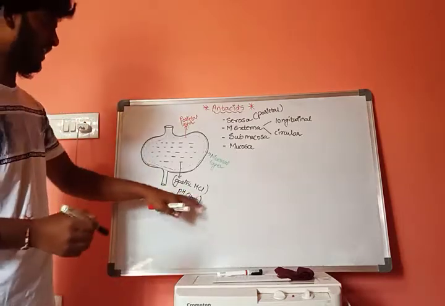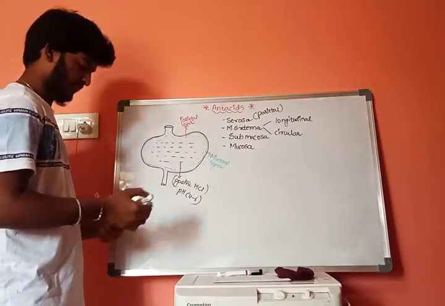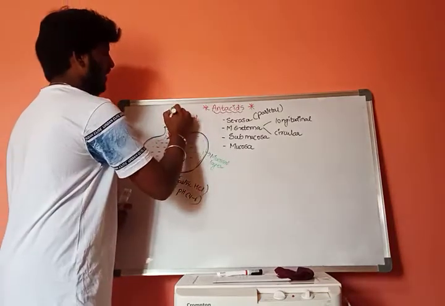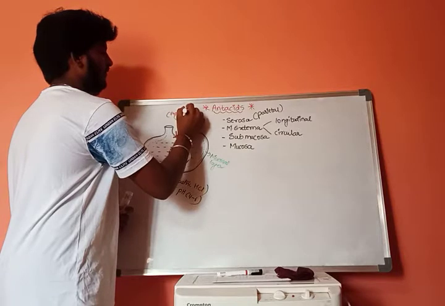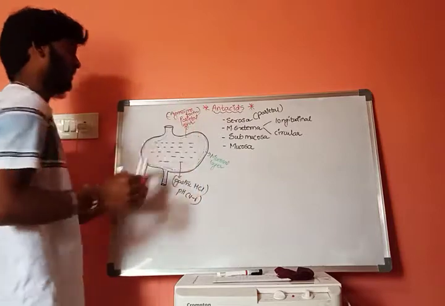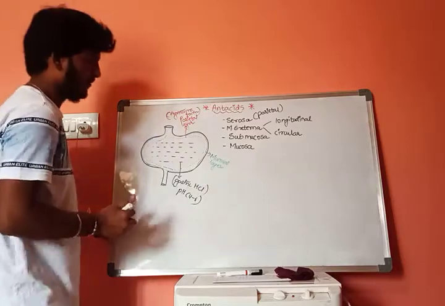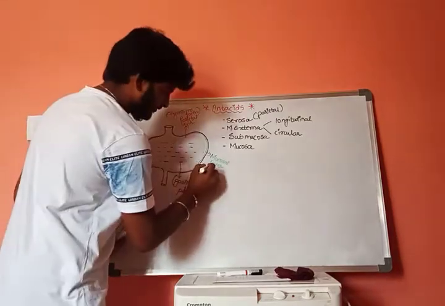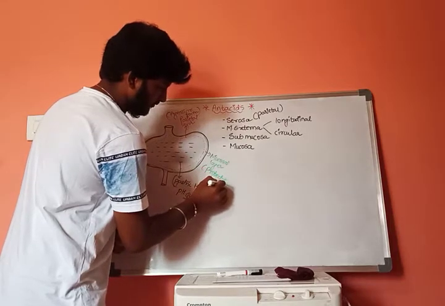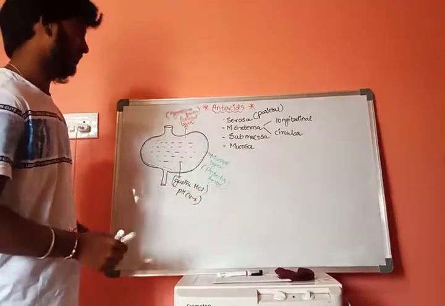This parietal layer is also called the aggressive factor, and this mucosal layer is also called the protective factor. This is the aggressive factor and this is the protective factor.